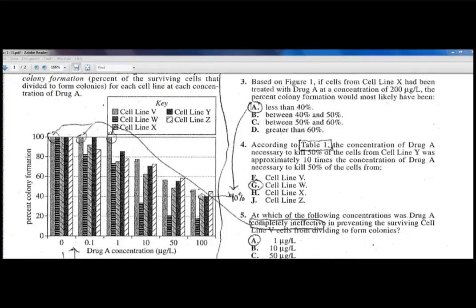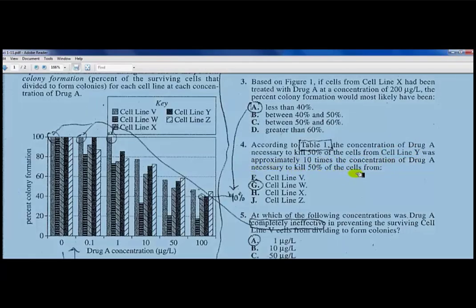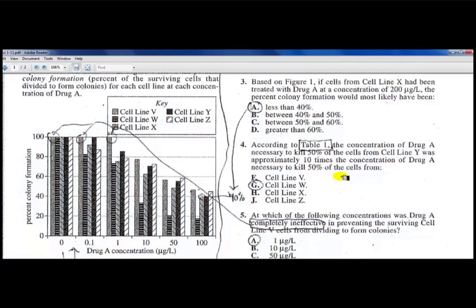Test 68C, Science Practice Problem number 4. Number 4 states, according to Table 1, the concentration of drug A necessary to kill 50% of the cells from cell line Y was approximately 10 times the concentration of which one of these other cell lines?